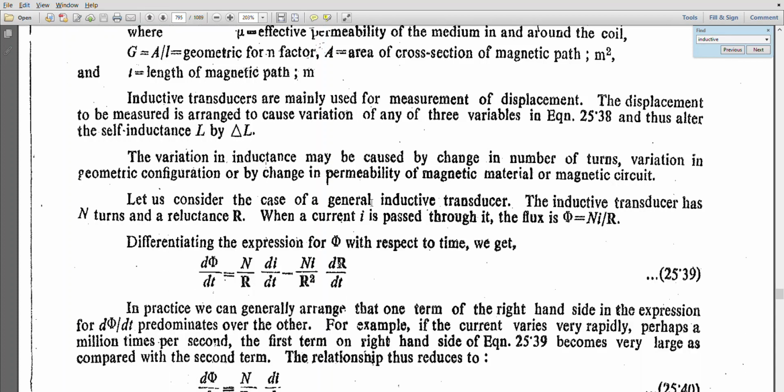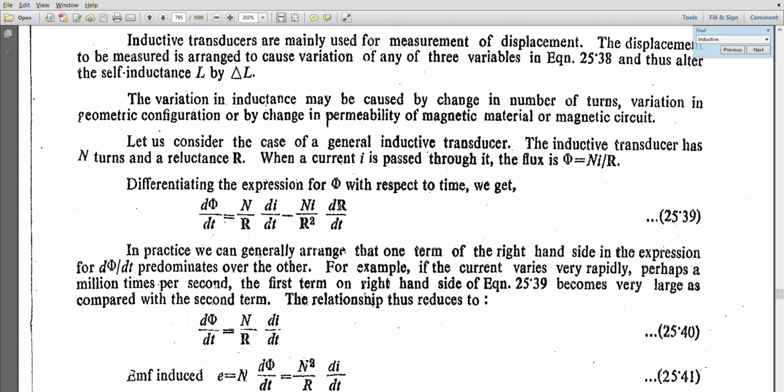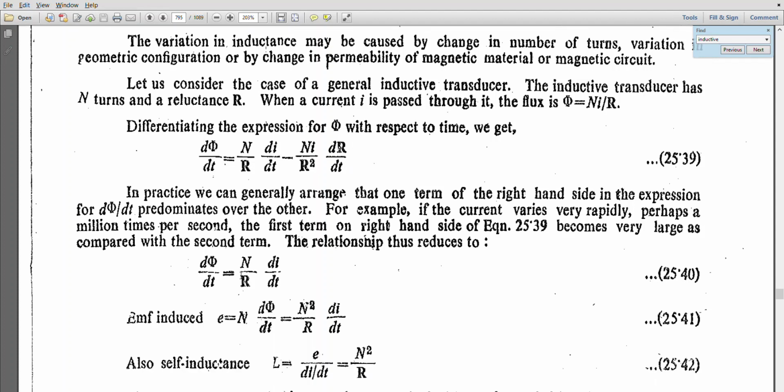Then we know that when current is passed through a conductor, flux is induced. So N times the flux is equal to Ni by R. When you differentiate this, using the U by V squared method, you will arrive at an equation like this. If this term is very small, you can remove it, and then what you get is N by R di by dt.